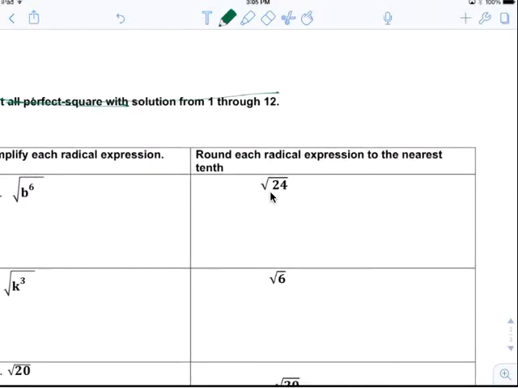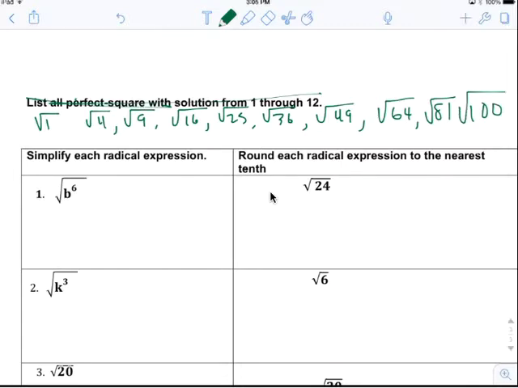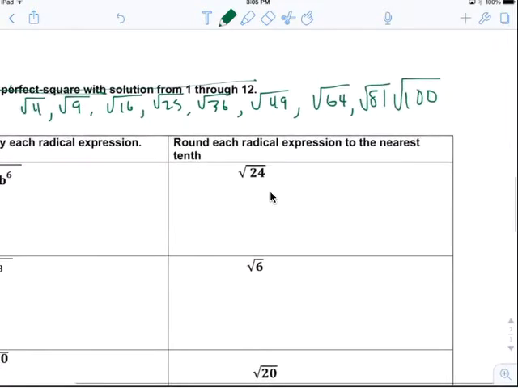I wanted to list 1 through 12 squared: 1, 4, 9, 16, 25, 36, 49, 64, 81, 100, 121, and 144.